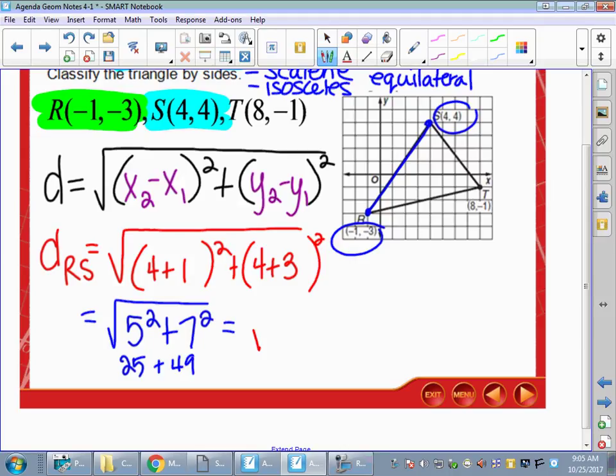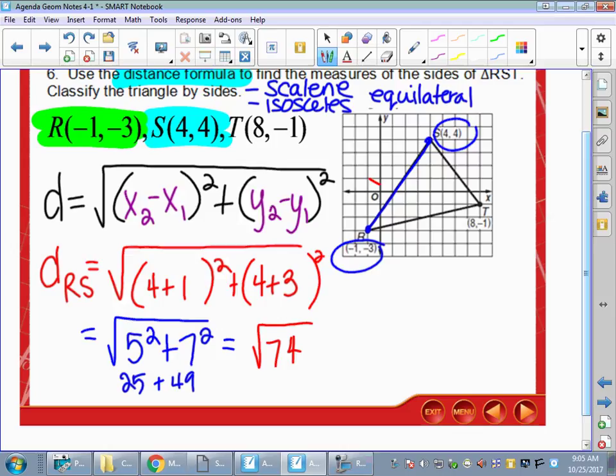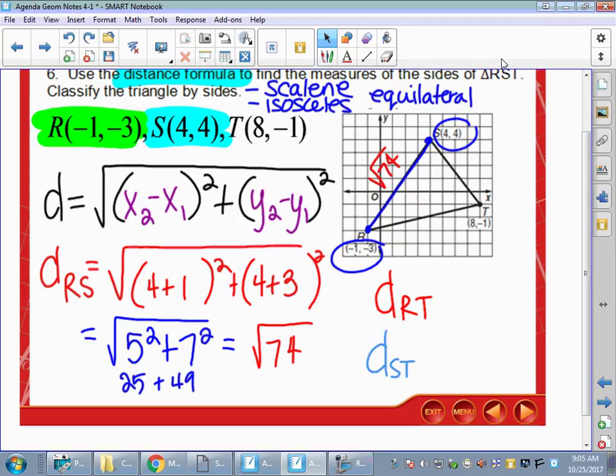So I should be looking at a square root of 74 for the length of RS. Now, I could go down to a decimal and say that's 8 point something, or I could just leave it as the square root of 74, because when I do side RT, and when I do side ST, I'm going to compare those to see.